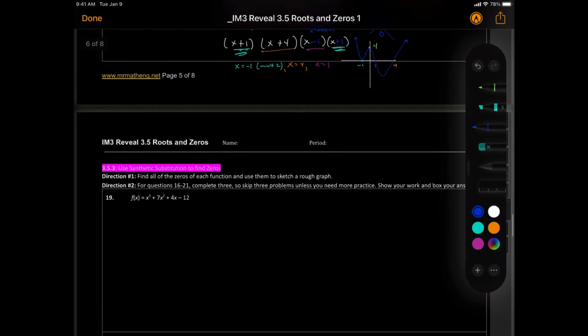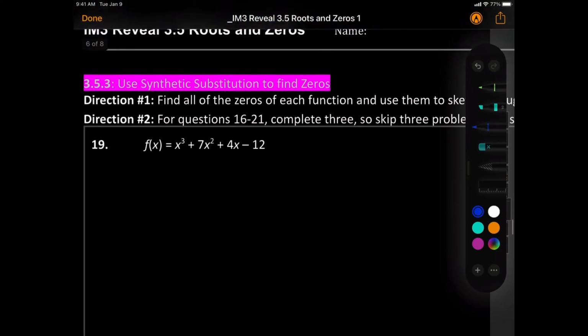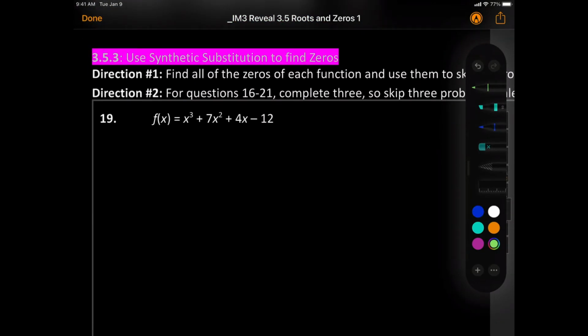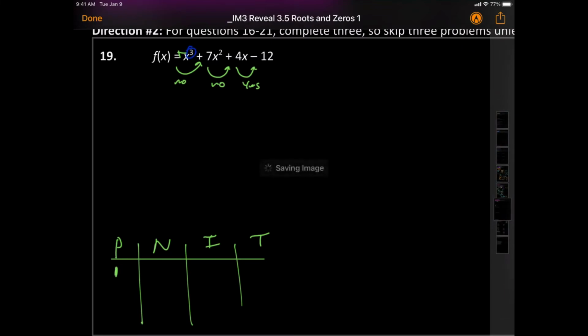Okay, question number 19. Let's count. So this is a plus. So sign change, no. No. Yes. So that means in my chart, positive, negative, imaginary, total, I have 1 positive. Total is 3. Let's go ahead and put in the negative.